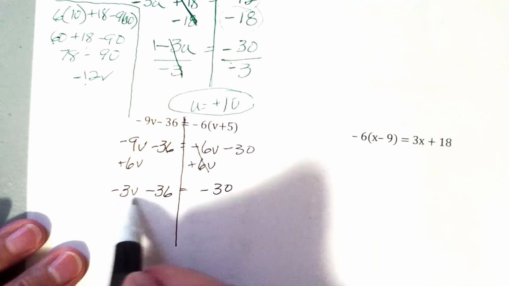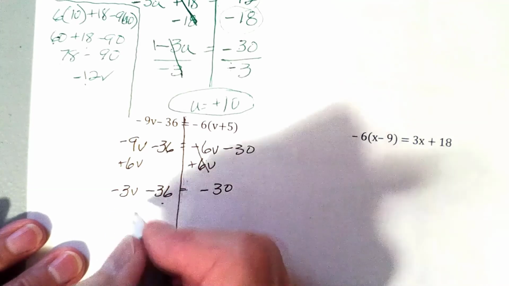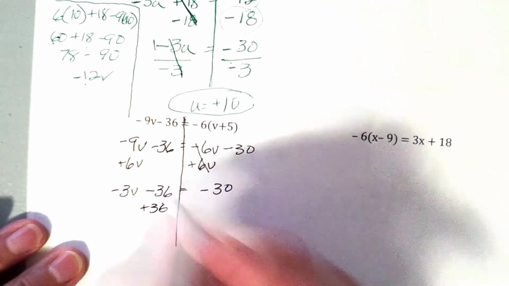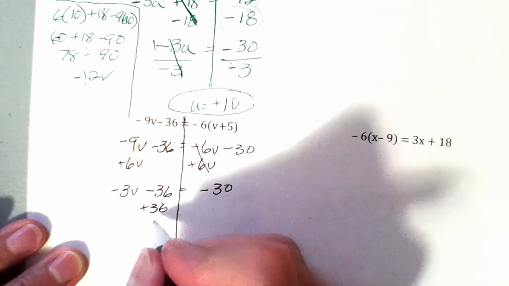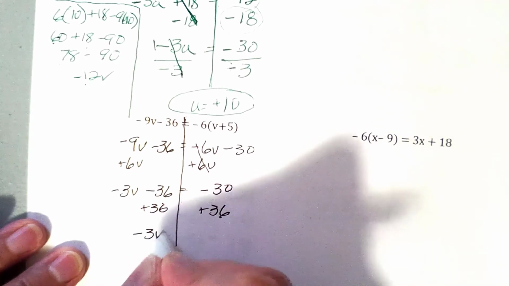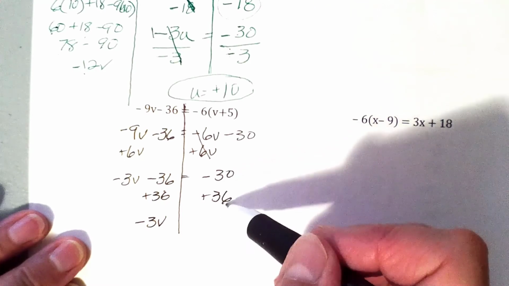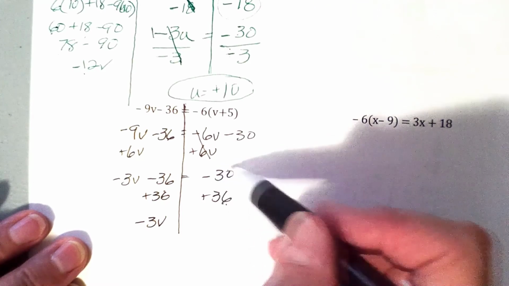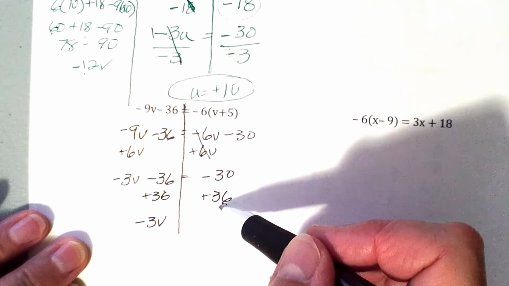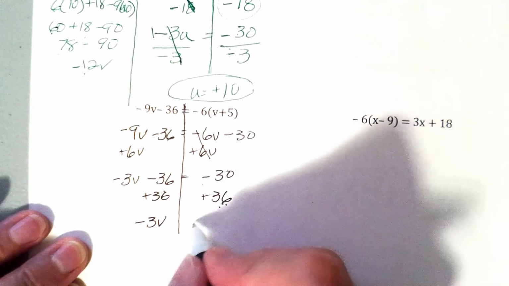Now I want the variable by itself, so I'm going to deal with this. If I add 36 to negative 36, it becomes a 0, but if I add it here, I have to add it here. So I have negative 3b plus 0, so I'm not even writing that. Negative 30, positive 36. 30 gets subtracted from 36 because 30 negatives take away 30 positives, leaving me with 6 positive.